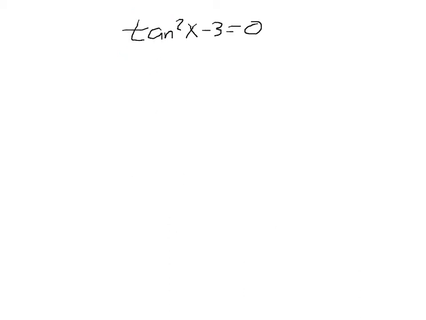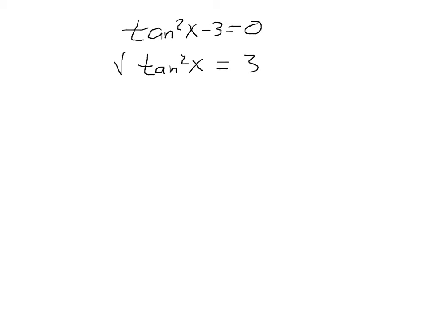Now as we look at more functions here, we're going to deal with a lot of situations that we dealt with in algebra. And so I always look at these as algebra problems. So tangent squared of x minus 3 equals 0. Just think of this as something squared minus 3 equals 0. First thing we do is add 3 to both sides, and so we get tangent squared x equals 3.